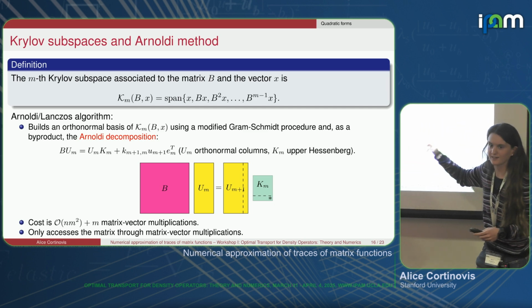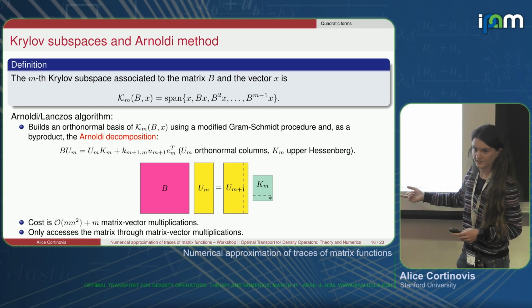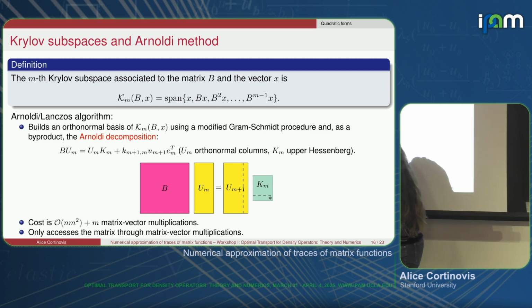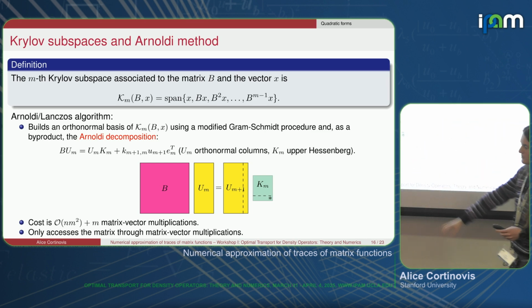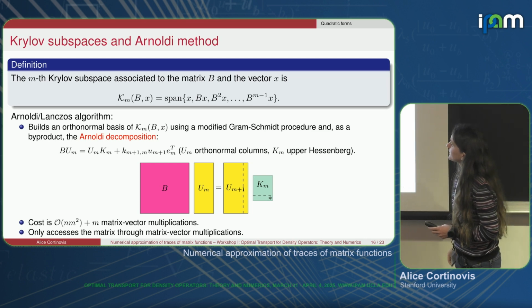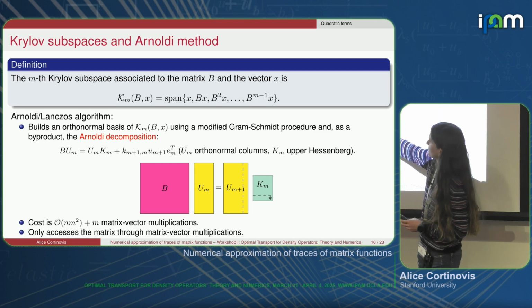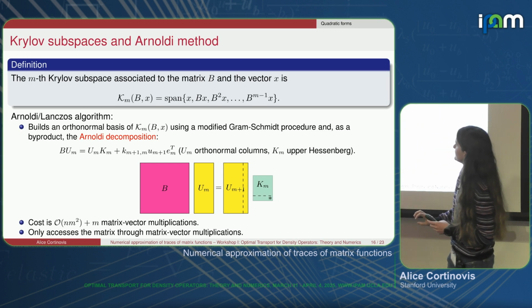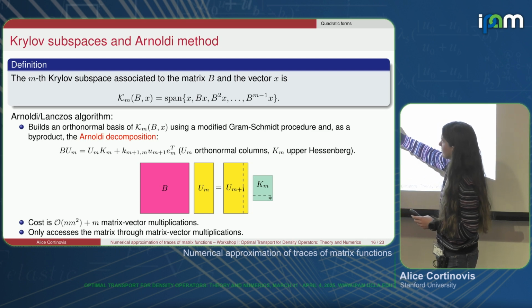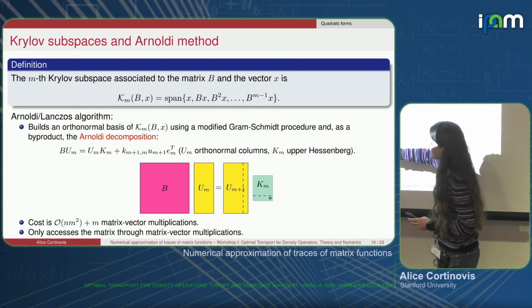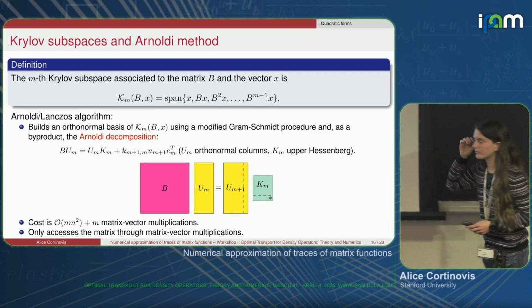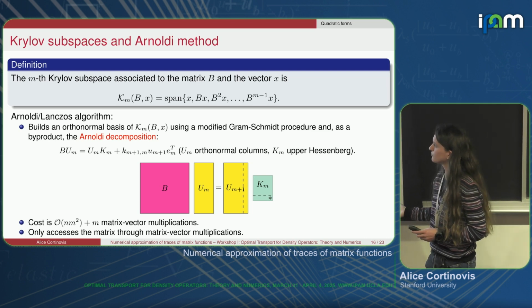V_{m+1} is the same thing when you add one vector. And so the product of B with V_m is V_{m+1} times some matrix, which is small. And in the symmetric case, this is a tridiagonal matrix.